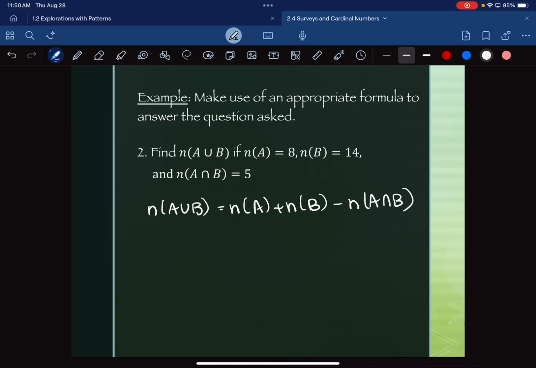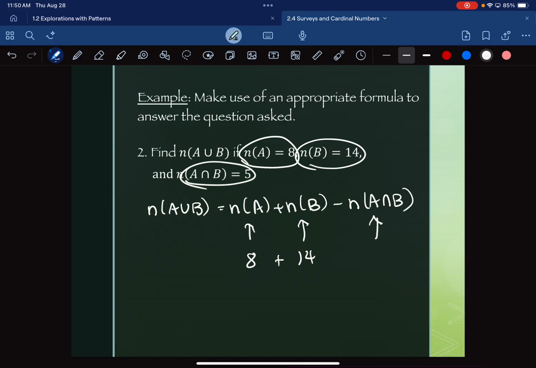So this one says the number of items in set A is 8. That's this one. And then it says the number of items in set B is 14. That's this one, and there is an addition sign between them. And then it says the number of items in the intersection is 5. That's this one, and there's a subtraction sign before it.